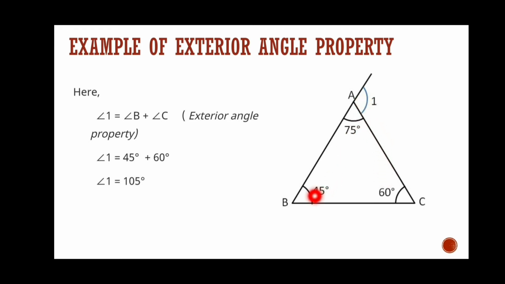This 45 degree and this 60 degree are the opposite interior angles. So if we add 45 plus 60 degree, we get the sum 105 degree. So the value of exterior angle 1 will be 105 degree. And you can check, 105 plus 75 is equal to 180 degree.